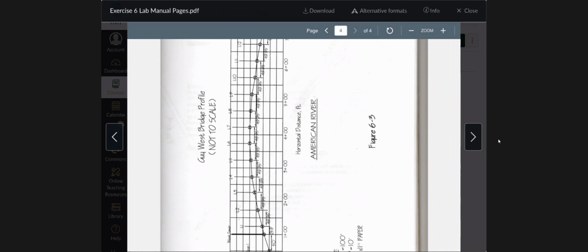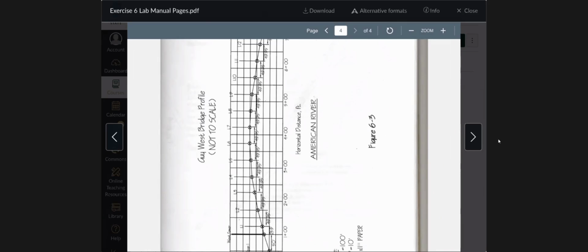Use an 8.5 by 11 sheet of graph paper, okay? And put your name on it. That will be the second document that you submit along with figure 6-1 that you're preparing on the blank lab note sheet, okay?